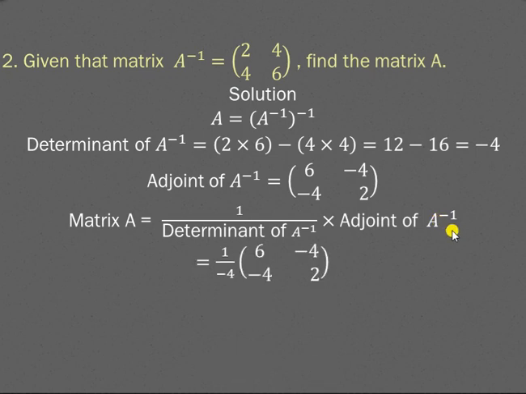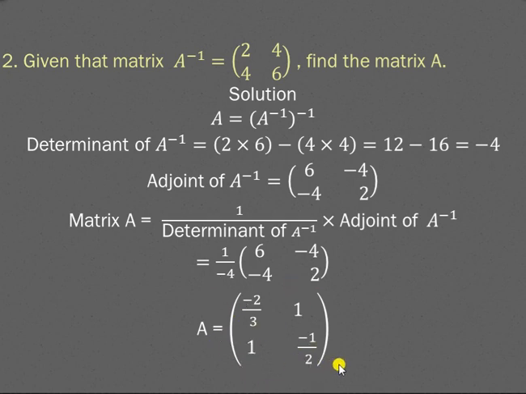Simply substitute your information and you will come up with the negative a quarter into 6, negative 4, negative 4, 2, and when you multiply each of the elements by negative a quarter, you will surely come up with this result, and this will be your original matrix A.